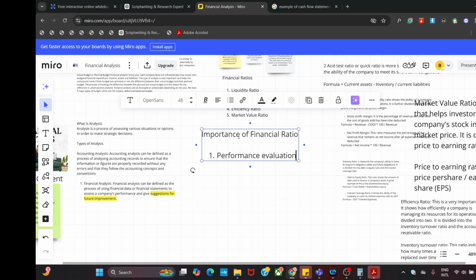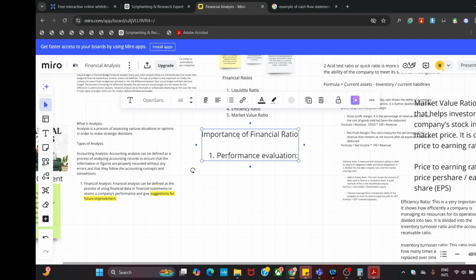Now, this can fall under the efficiency ratio, because this ratio helps the company understand how effectively they are making use of their resources for the day-to-day operation of the business.